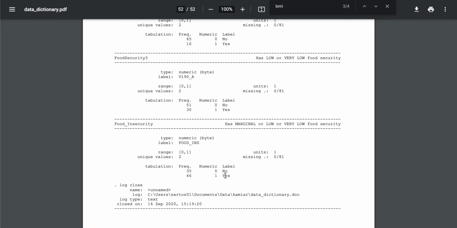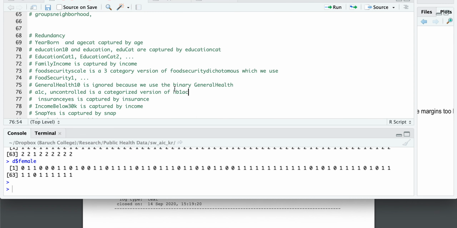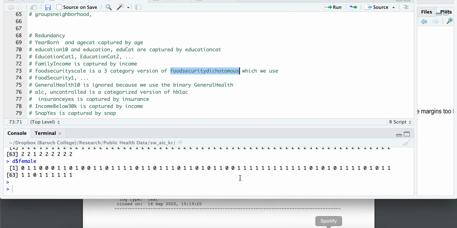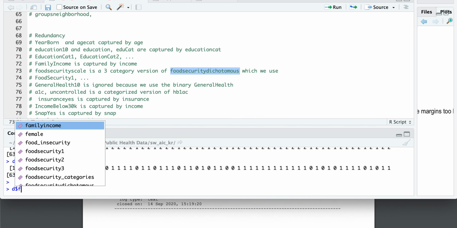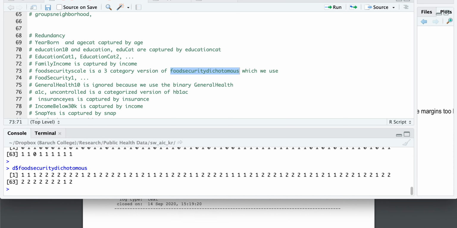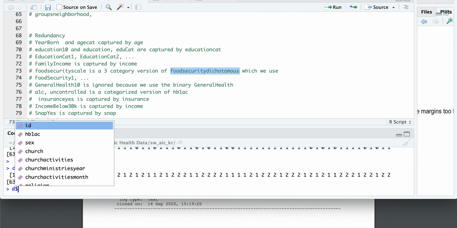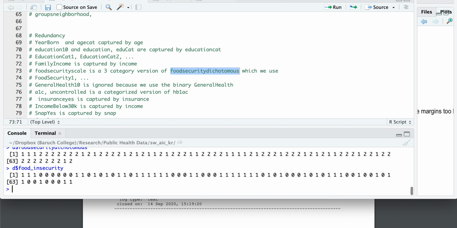So I don't know if this is better to use, or the, it's essentially the same as food insecurity dichotomous. Food security. Then we have, it's exactly the same thing. No, it's not.